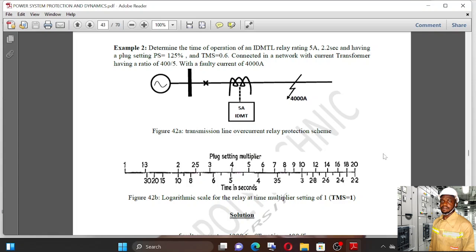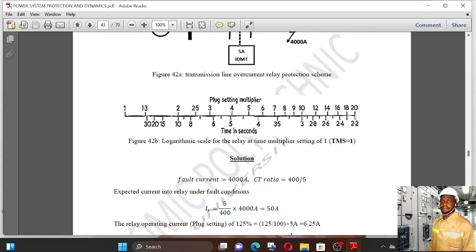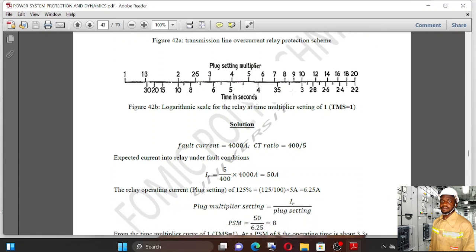Here is the radial line that has been illustrated. Then same thing, TMS of 1 has been given on the logarithmic scale, right? So we proceed similarly.